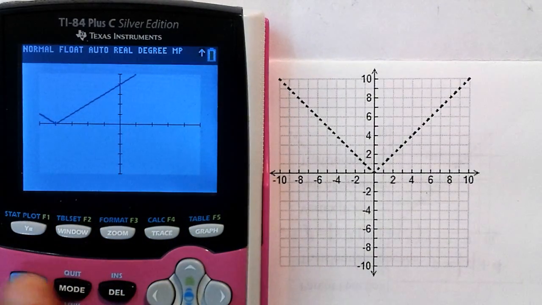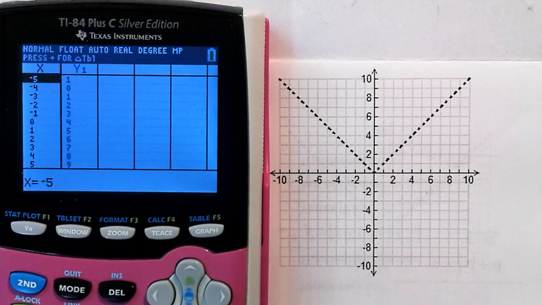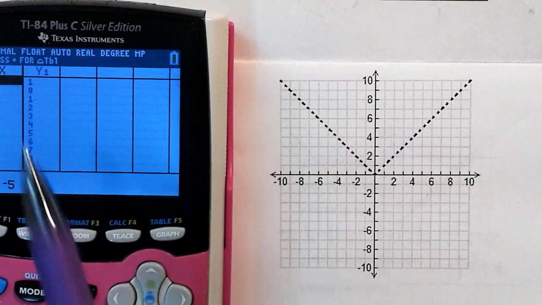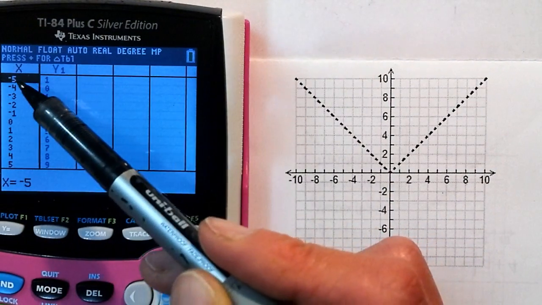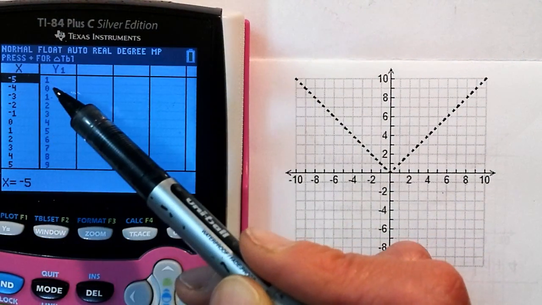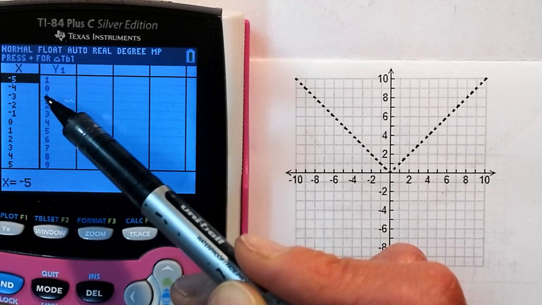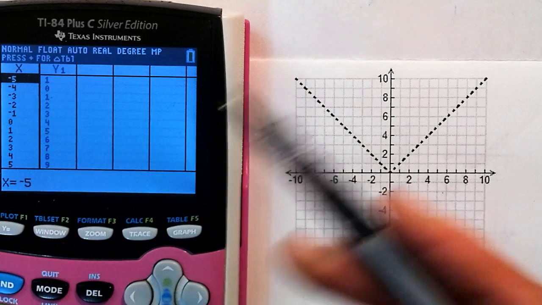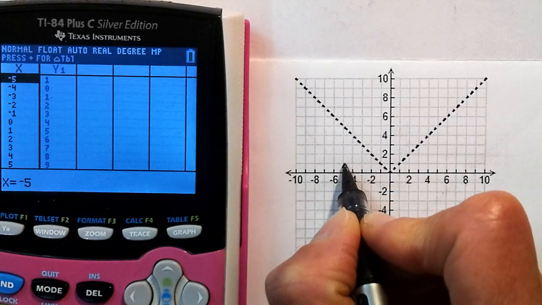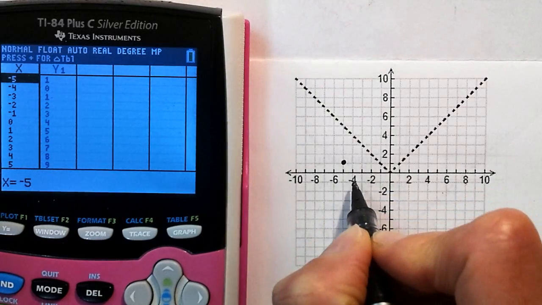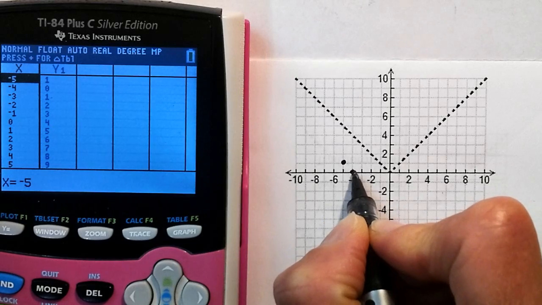So when I go to my table, I'm going to put in my numbers. You could start at negative 5, 1 and negative 4, 0 and negative 3, 1. Let's go ahead and do that. So negative 5, 1 is right here. Negative 4, 0 is here.